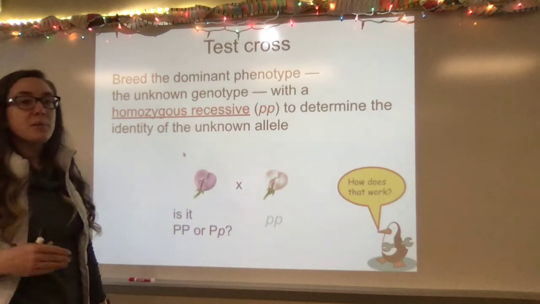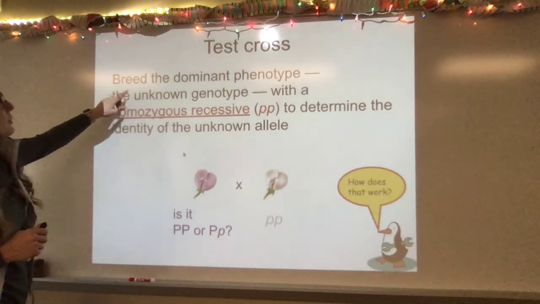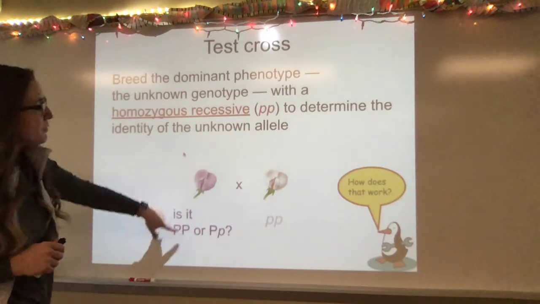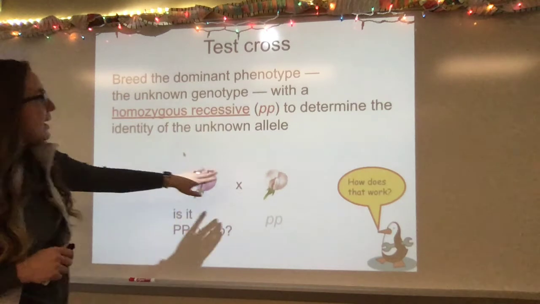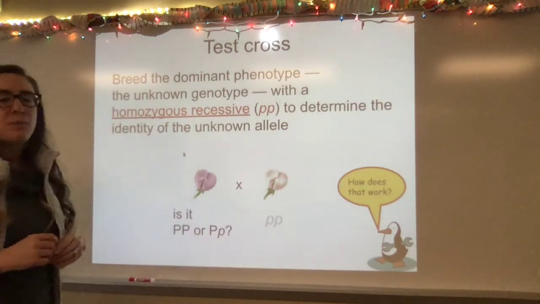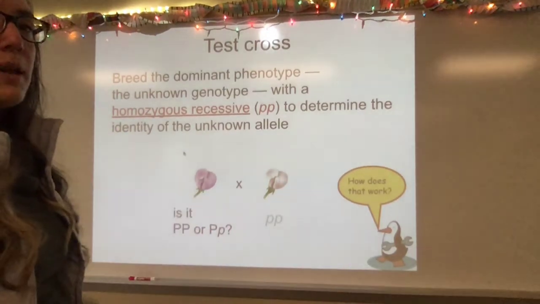Well, you could determine that if you complete something called a test cross. A test cross is where you breed the dominant phenotype, which has an unknown genotype, it could be homozygous or heterozygous, with a homozygous recessive individual. That way you would be able to determine the genotype of that unknown dominant parent.